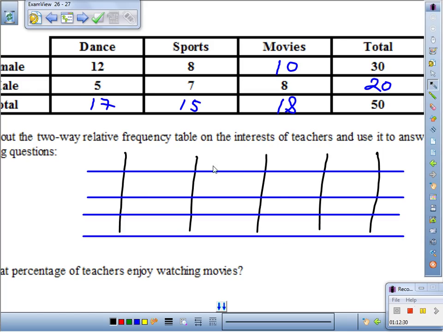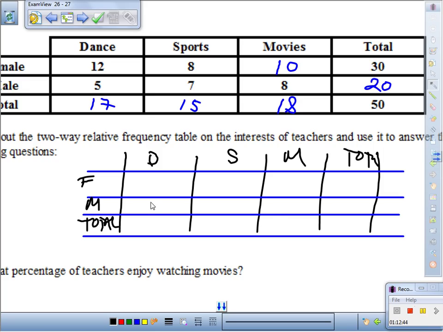Here we go. So this is female, male, total. Dance, sports, movies, total. All right.